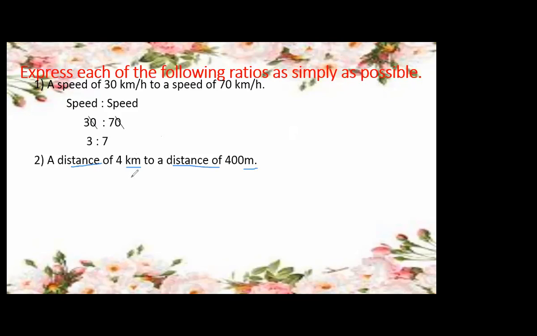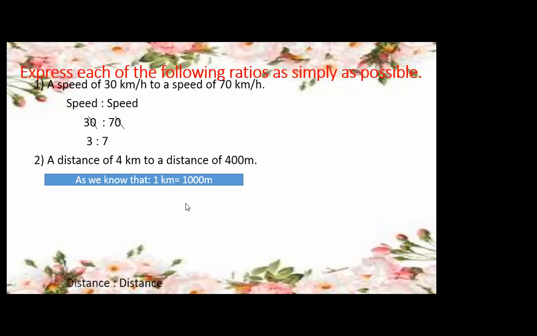So we know that 1 kilometer is equal to how many meters? How many meters? Very good, Shehroz. 1 kilometer is equal to 1000 meters. So 4 kilometers will be equal to 4000 meters, right? So I have written 4000 ratio 400. Is it clear why I have converted?